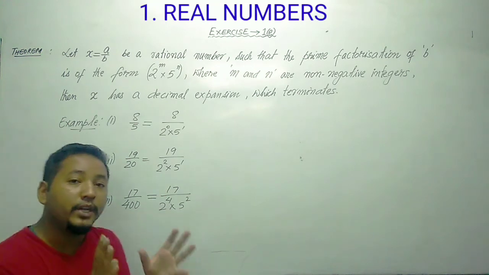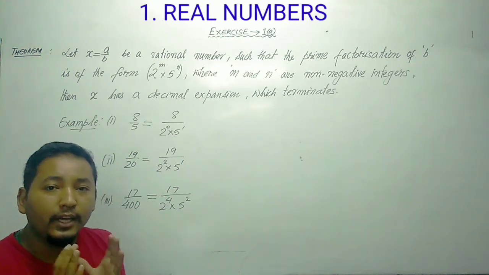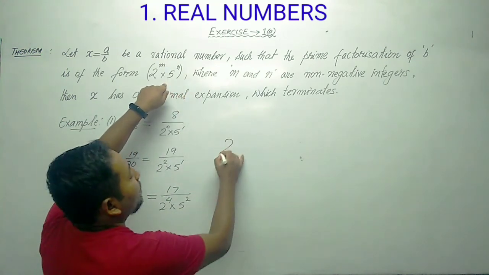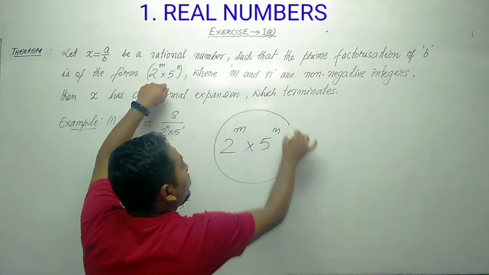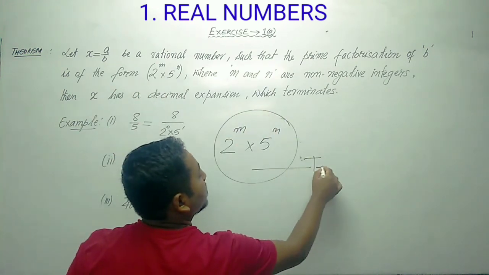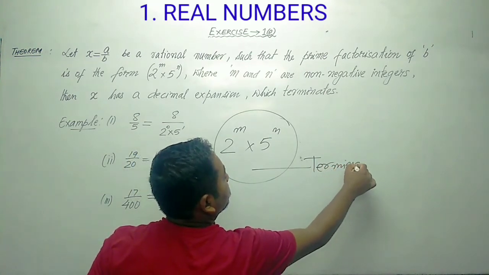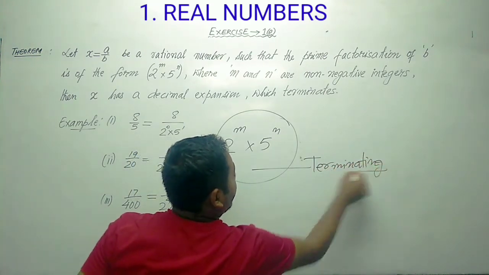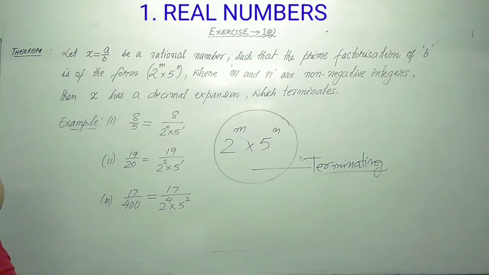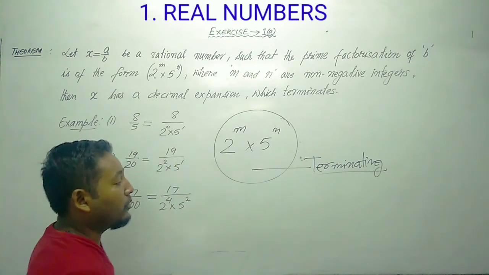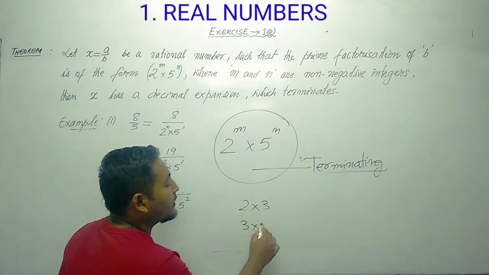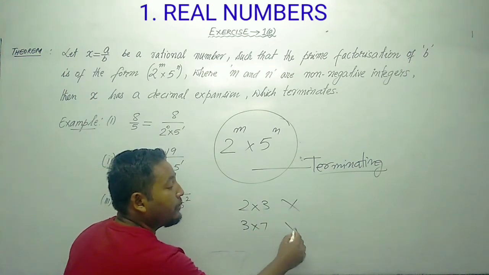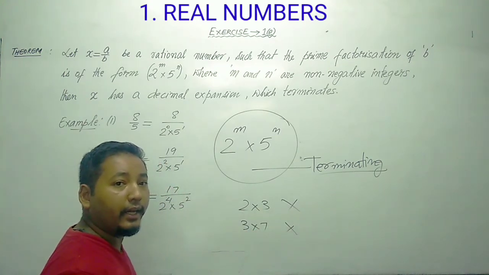So if the denominator of a certain number is of the form 2 to the power m into 5 to the power n, then only the number is said to be terminating. And if the denominator has primes other than 2 and 5, suppose you have 2 and 3, or 3 and 7, it is not terminating.